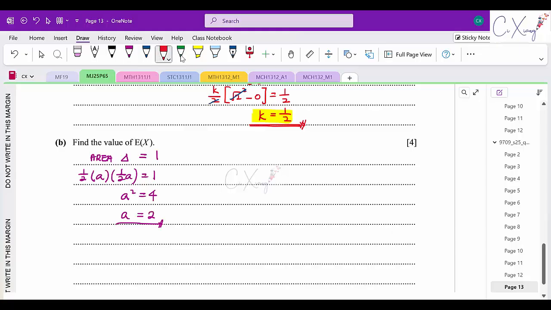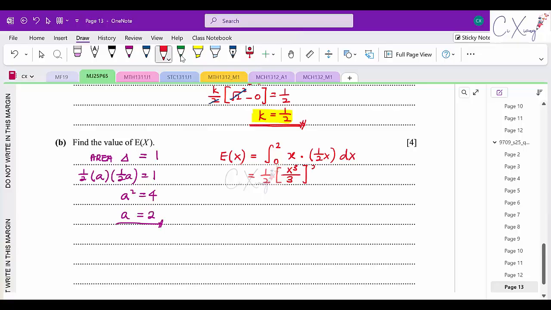Now only then you can find the expected value of x. To find the expected value of x, you need to integrate from the minimum value to the maximum value that x is defined, so 0 until 2, 0 to a, right? To get the expected value, you have to multiply the x with the function first. Your function is half x, so you integrate x times half x. It is an easy integration: x squared integrates to x to the power 3 divided by 3.